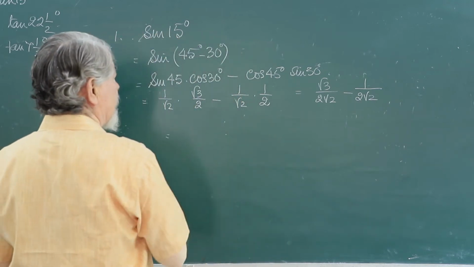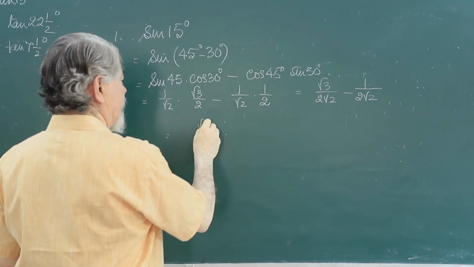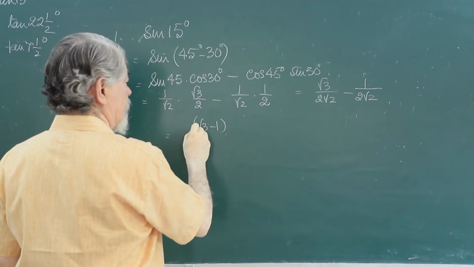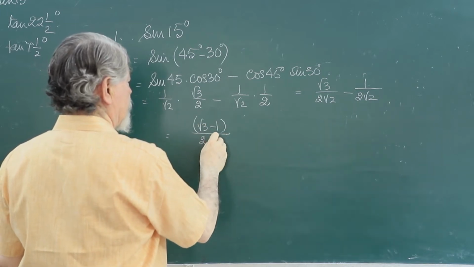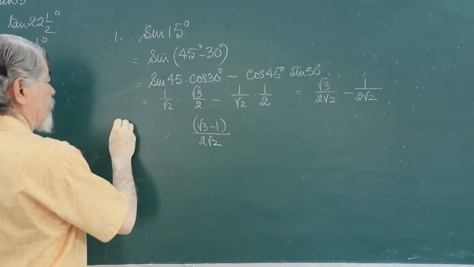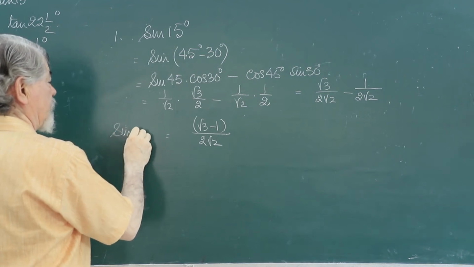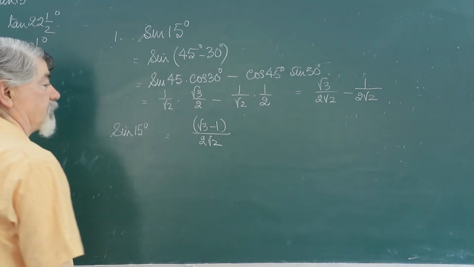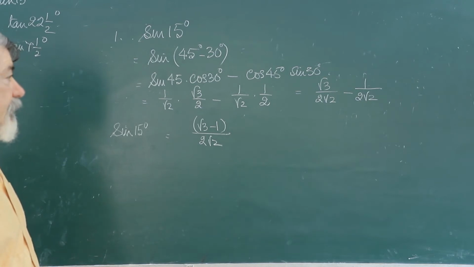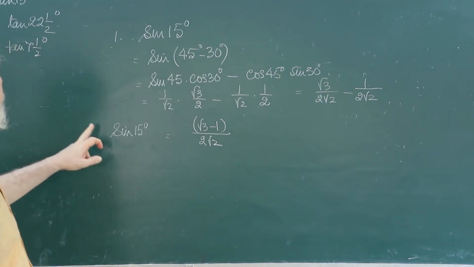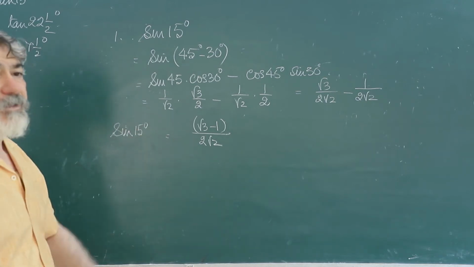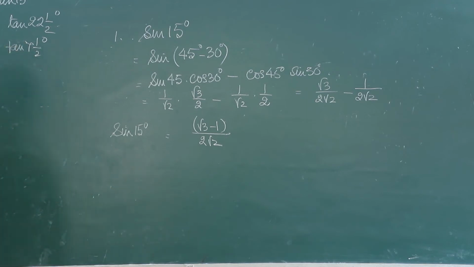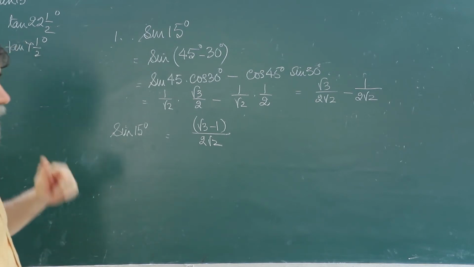I can write this as root 3 minus 1 upon 2 root 2. This is the value of sine 15 degree. This is important, we will write it down because we will be using it while calculating 7.5.